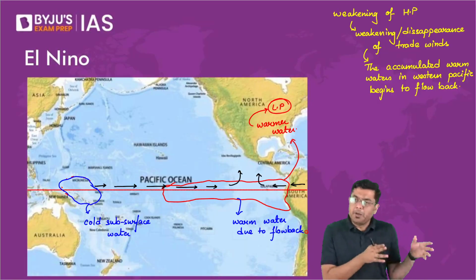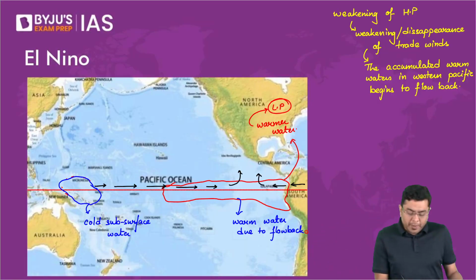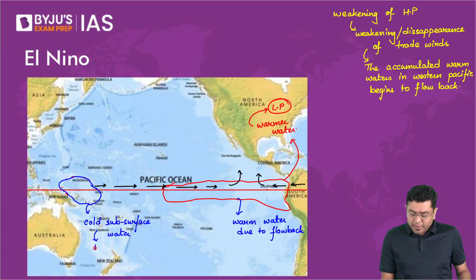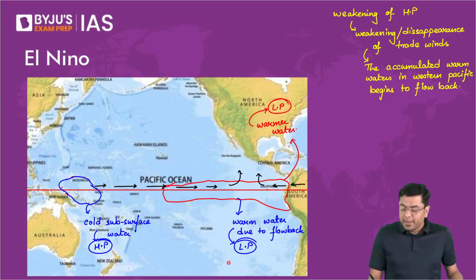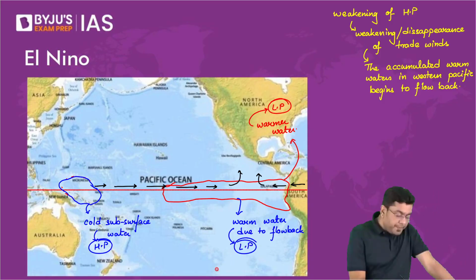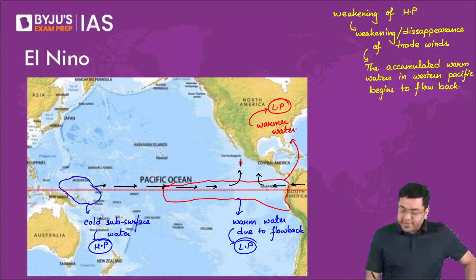So the wind will move from a high to a low. This will be a high pressure, and this will be a low pressure, right? So here, now as the air rises up, there will be condensation.